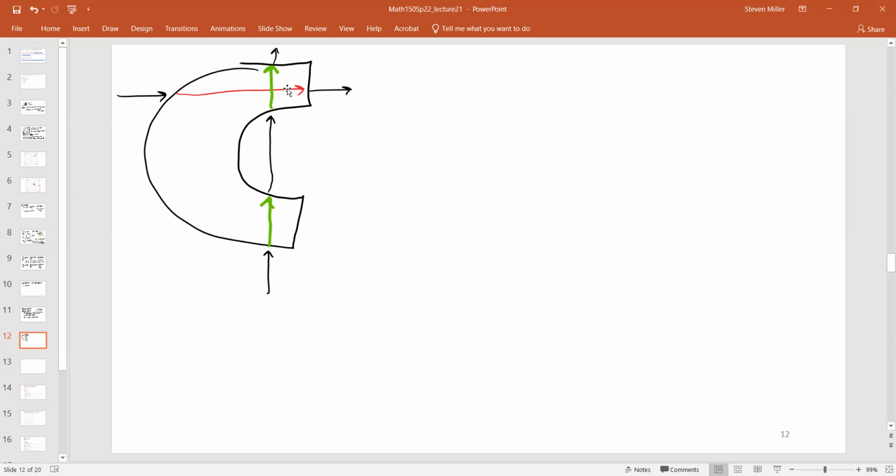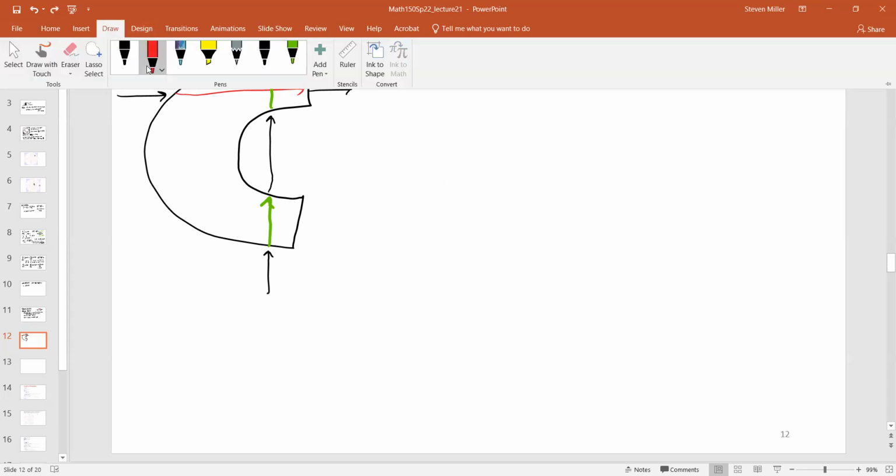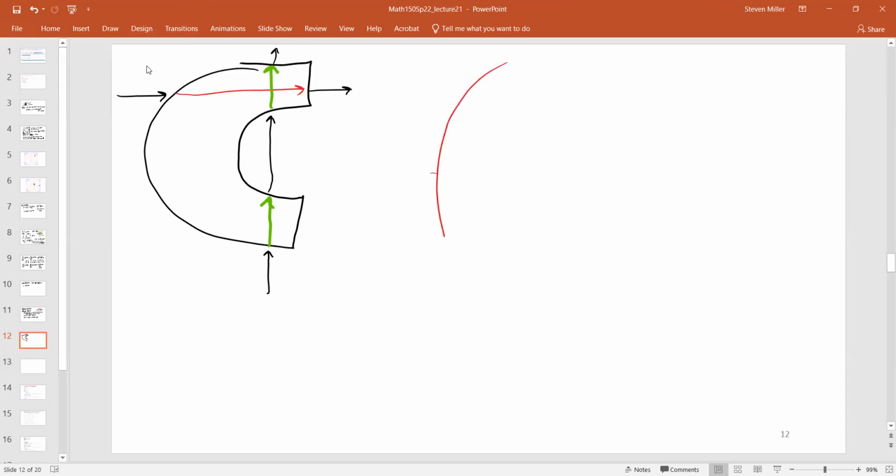And so we would have two bounding curves, this and this. So again, what am I doing? I'm fixing a y, and then I have my initial x and my final x. So I could call this y1 of x, and I could call this y2 of x.